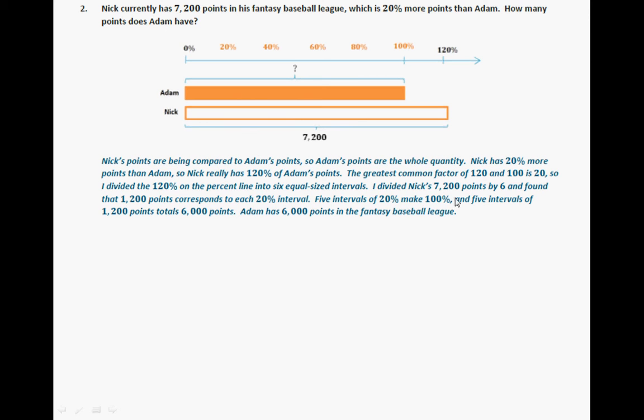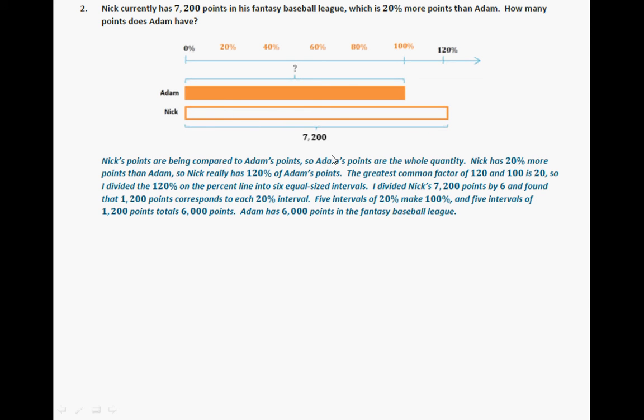The greatest common factor of 120 and 100 is 20. So divide 120% into 6 equal-sized intervals. That's what we did here: 20, 40, 60, 80, 100, and 120. And then divide Nick's 7,200 points into 6 intervals.